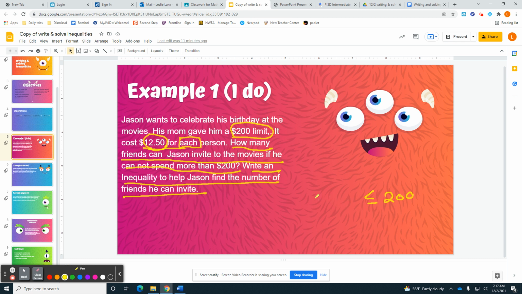We know that each movie ticket costs $12.50, and for each person, the word each means to do what? Multiply. Remember our word that's attached to our multiplication word, that's the one that's gonna be multiply.